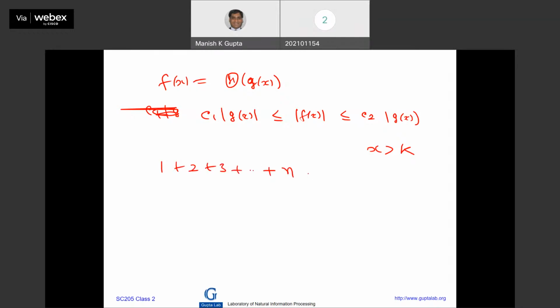Okay, so now 1 plus 2 plus 3 up to n. Look at an example. We know that this is big O of n square. Why? Because it is n into n plus 1 by 2, and then you can compute, right? So it's easy to show. Now look at 1 plus 2 plus 3 up to n. This is at least, if I ignore the first half of it, so n could be even or odd, so I am taking n by 2 elements.